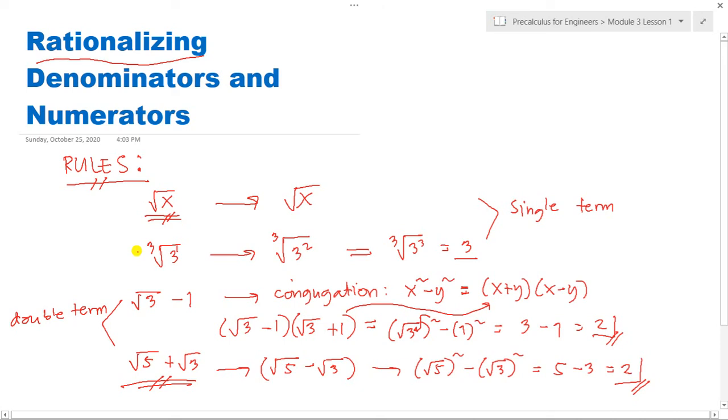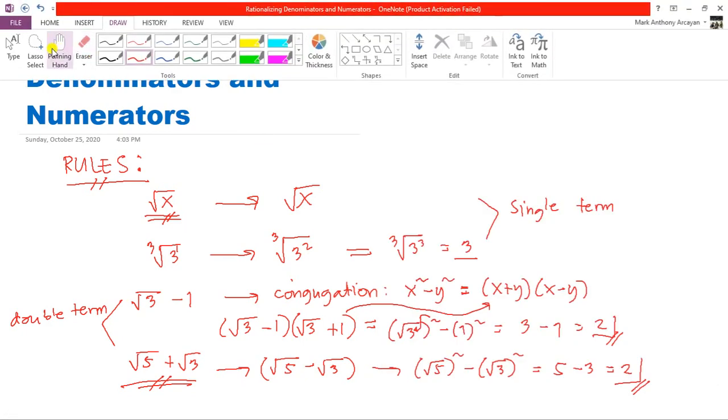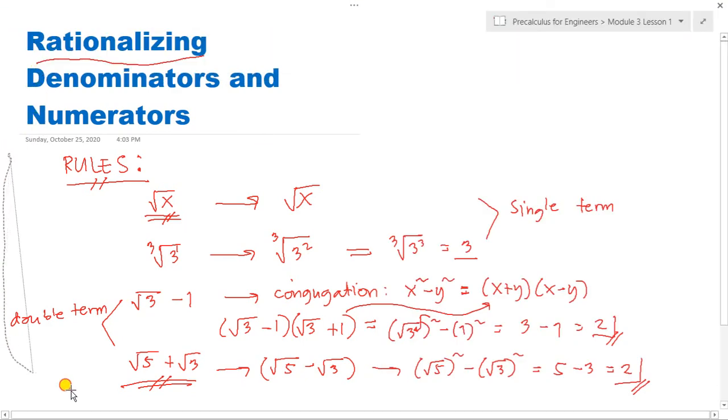So, kapag binibigyan ka ng square root of 3 minus x or nth root of a number minus a certain variable, so kapag minus siya class, isulat mo lang din yung number, then addition na yung operation niya. So, parang yung opposite lang. So, kapag plus naman, yung conjugate mo is minus. So, ganun. Parang opposite.